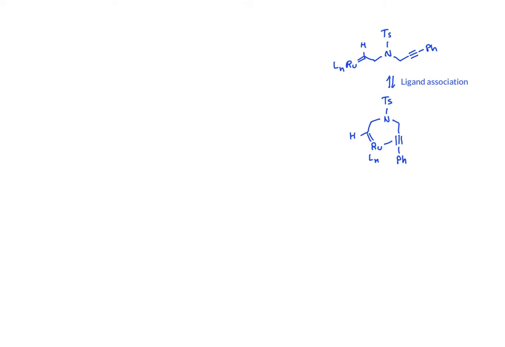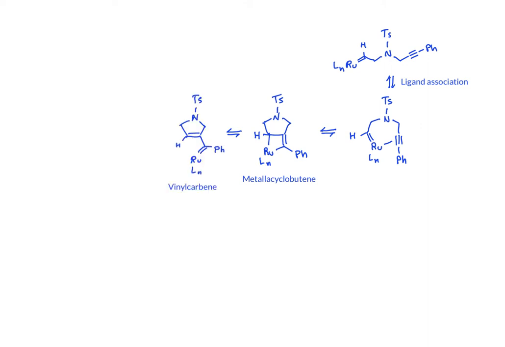Applying the Chauvin mechanism gives a metallocyclobutene, which can then open by retrocycloaddition to give a vinyl carbene intermediate.